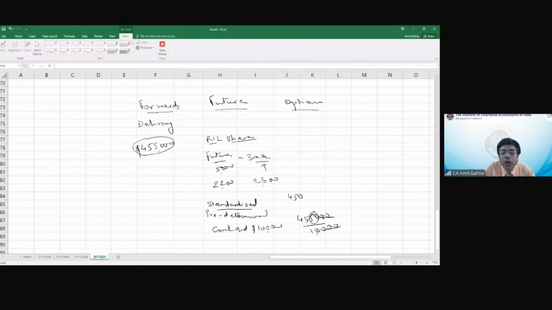So you will have to essentially settle with 45 position, or for $450,000. The balance $5,000, either you can cover it through forward cover, or you may just decide to take that much risk if you want to, right? Or of course, if you want, you can even take $460,000. You can take the entire next position altogether, that I want to have $10,000 more. But then in that case, you won't have the remaining $5,000 to essentially fulfill that particular contract, right?